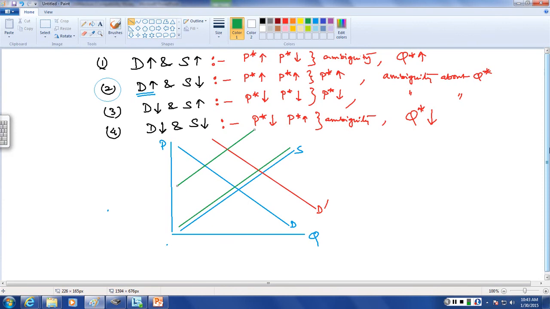So now, what are the various possibilities here? Okay? What was our original equilibrium? This point here, let me call it point A. Right? The new equilibrium could be where? It could be either this, correct? Or, tell me?